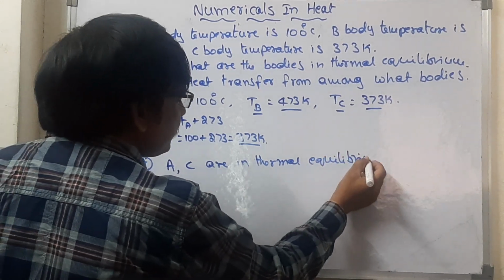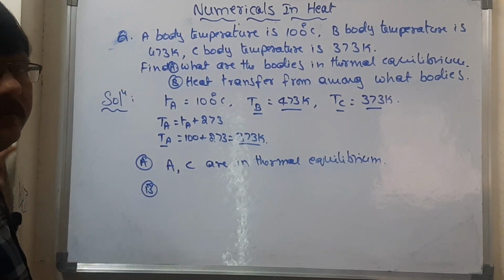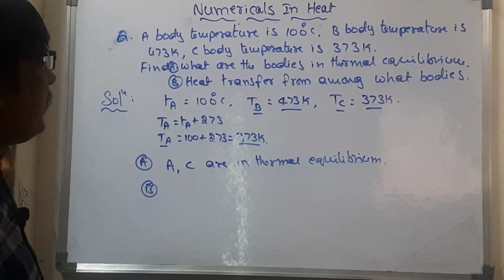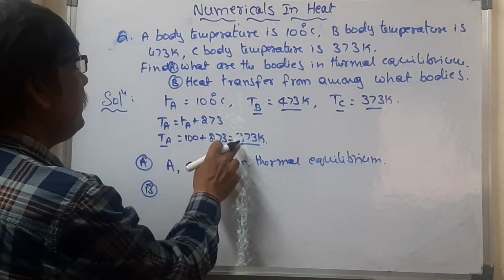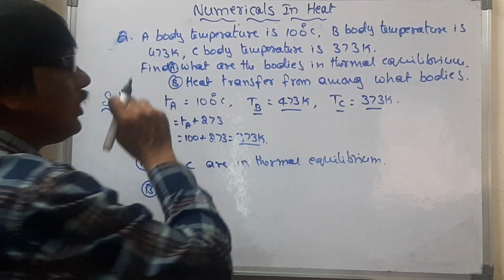The next one is, among which bodies will the heat transfer? If you observe, A body temperature is 373, C body is also 373, B body is 473.